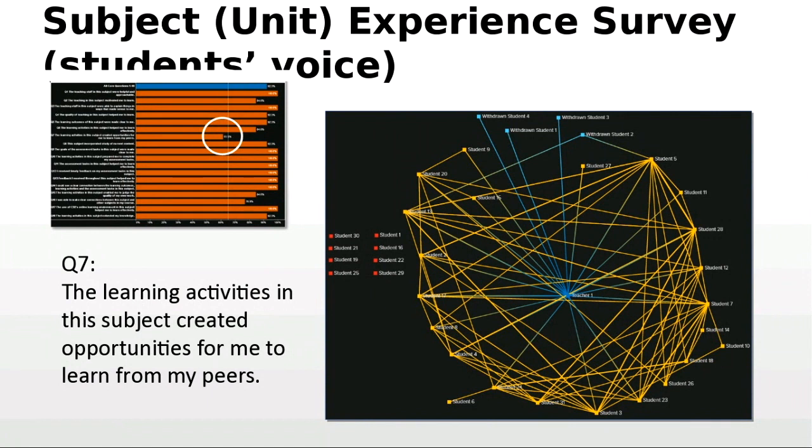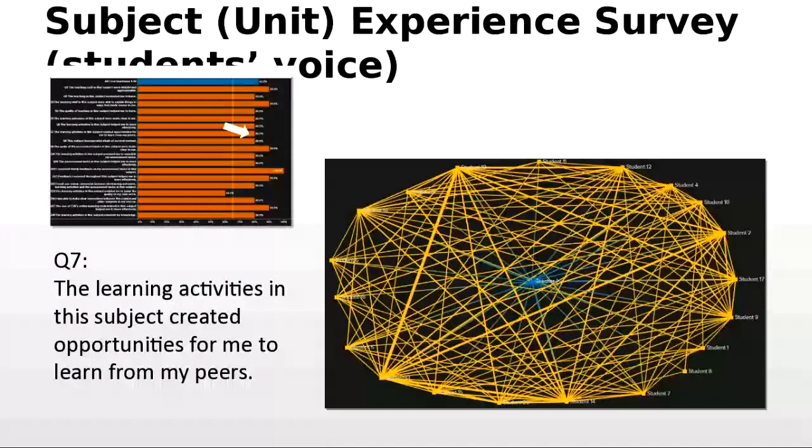So let's change the slide, and you can see quite a big difference between these 2 charts. Here we have an SES rate for this question 7 that was 80%. And it's quite striking when looking at the social network analysis diagram: it shows that it is much busier and also with fewer students.